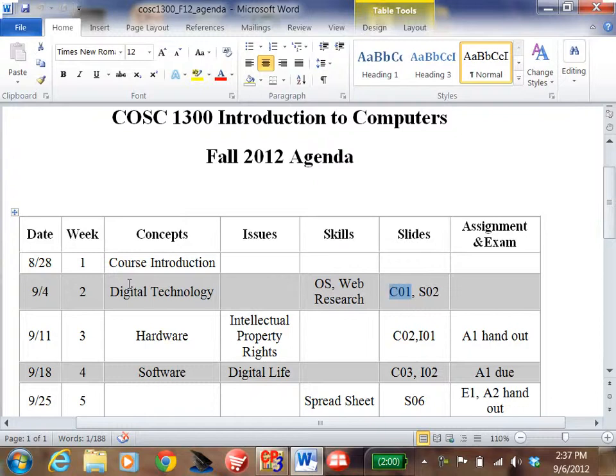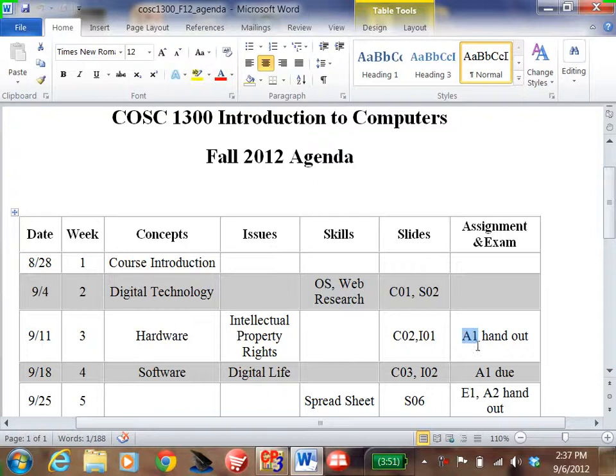Also, in this week, I want to start talking about operating systems, okay, and web research. And I'm going to hand out your first assignment next week. I may hand it out on Tuesday or I may hand it out on Thursday.